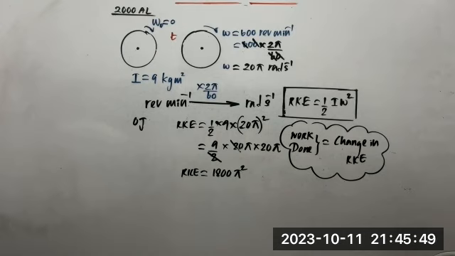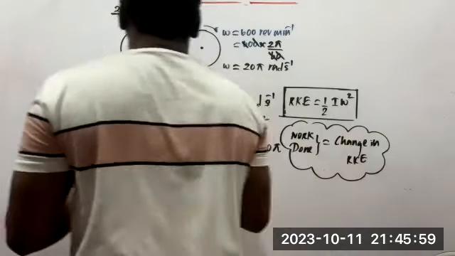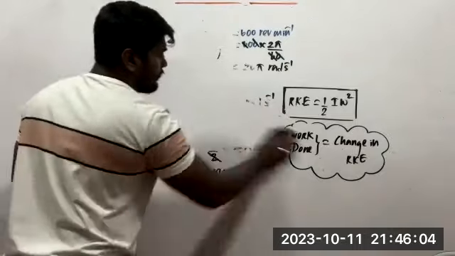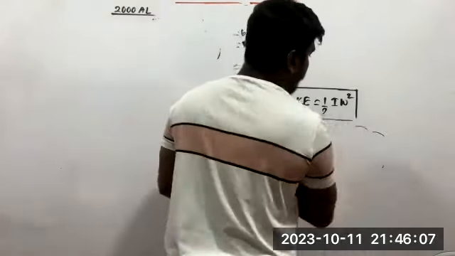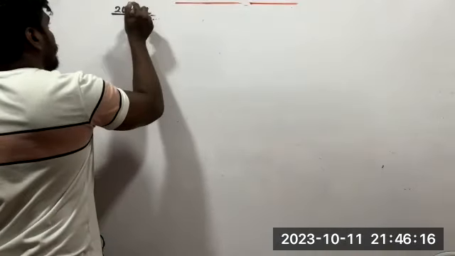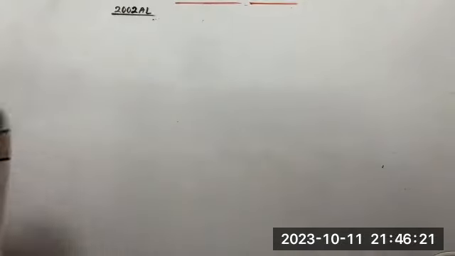So then we'll go to a 2002 A level question. I will check the exact question number.